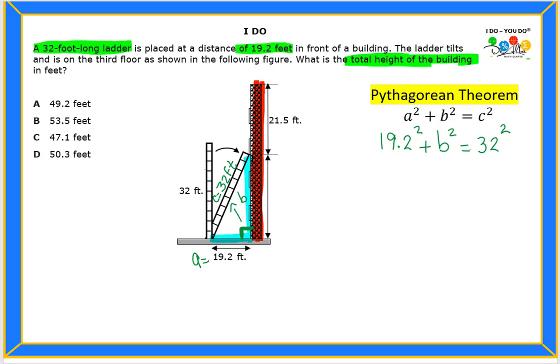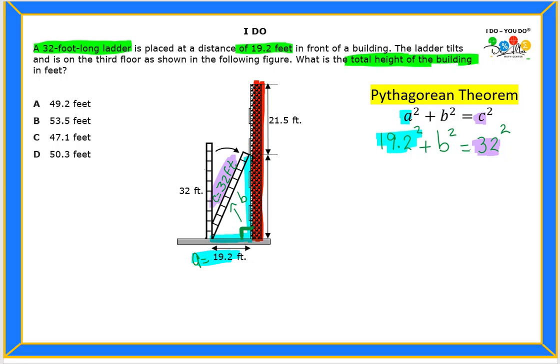My A is 19.2, which is right here. B is not given to me, so I leave it alone. But I do see that C is 32 feet. So notice how I replace that in here, and of course, the second power is still there. Any questions so far?